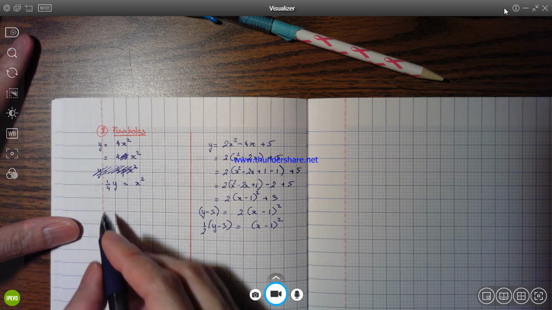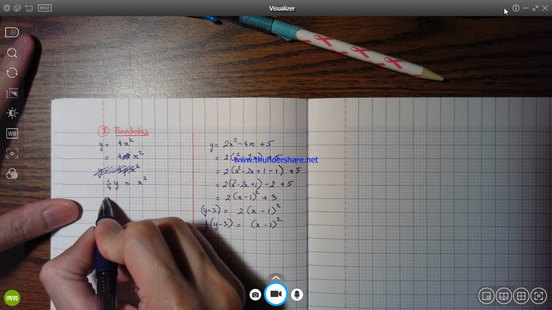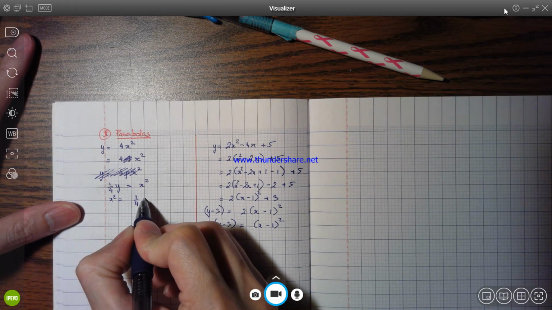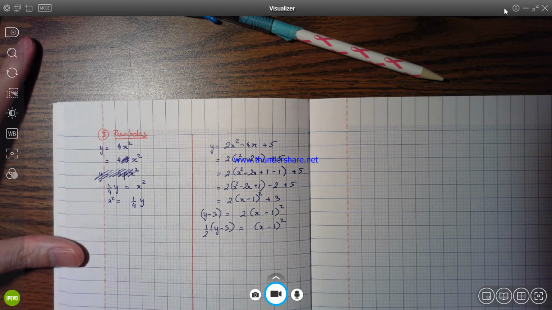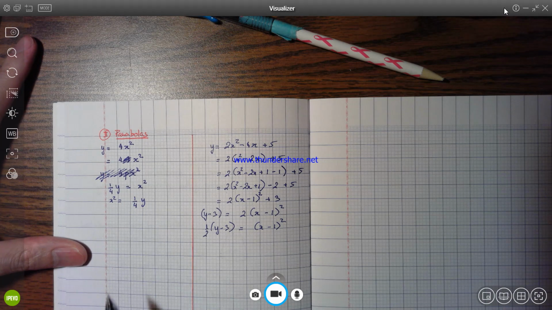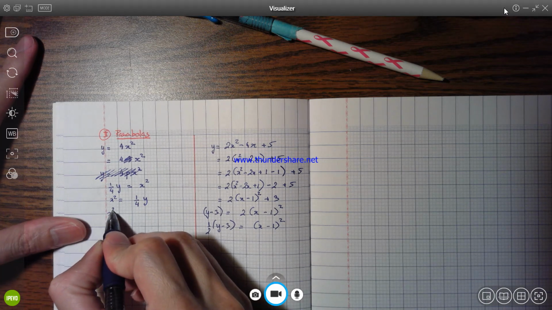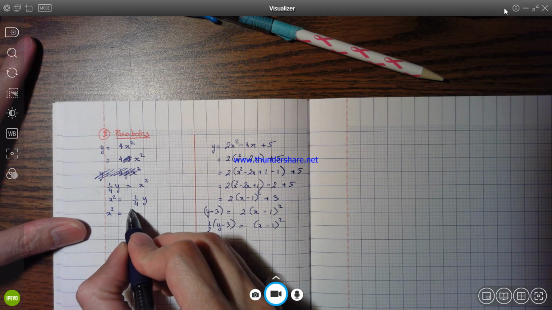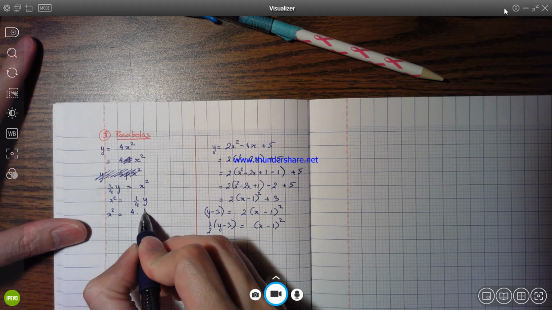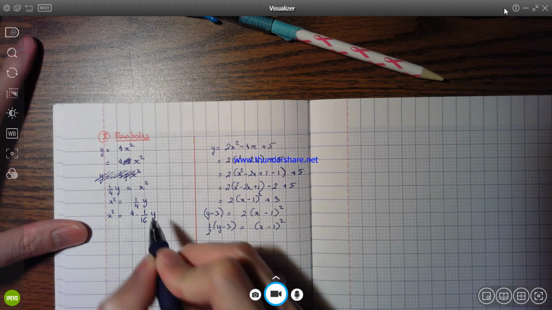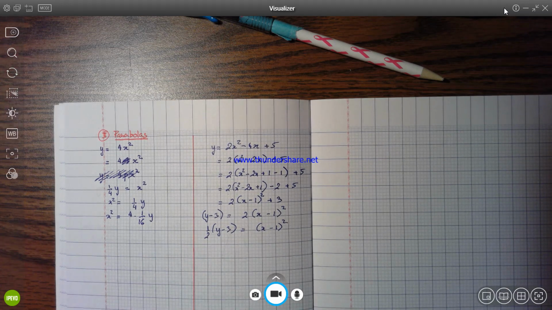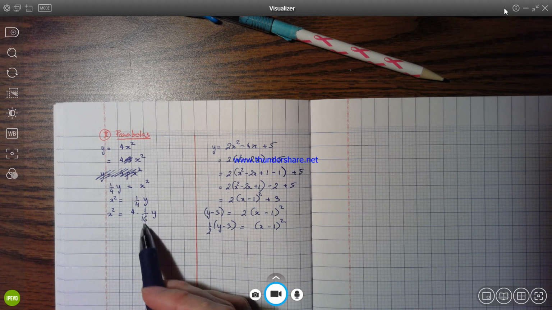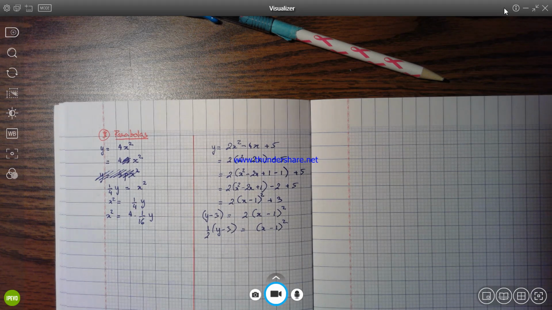So this one I can rewrite as x squared equal to 1 over 4 y, right? And I can also rewrite it as x squared equal to 4 times 1 over 16 y, right? Because 4 divided by 16 gives you 1 over 4.